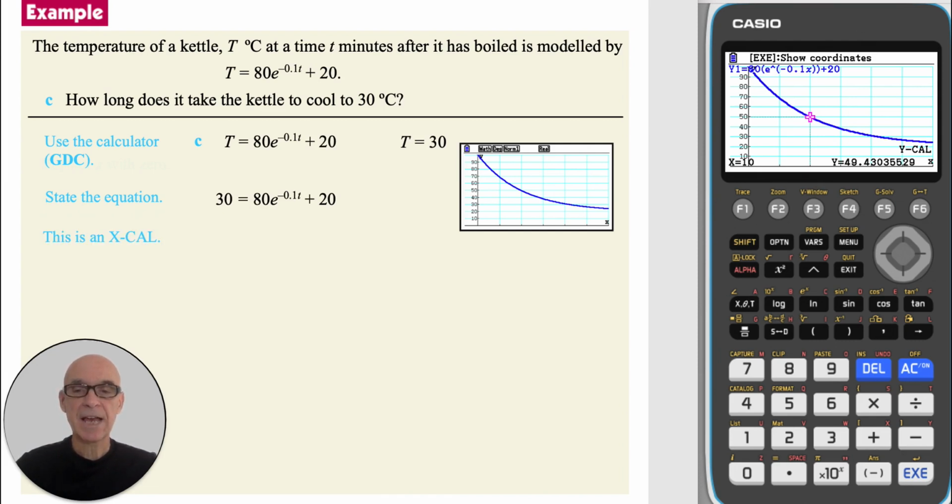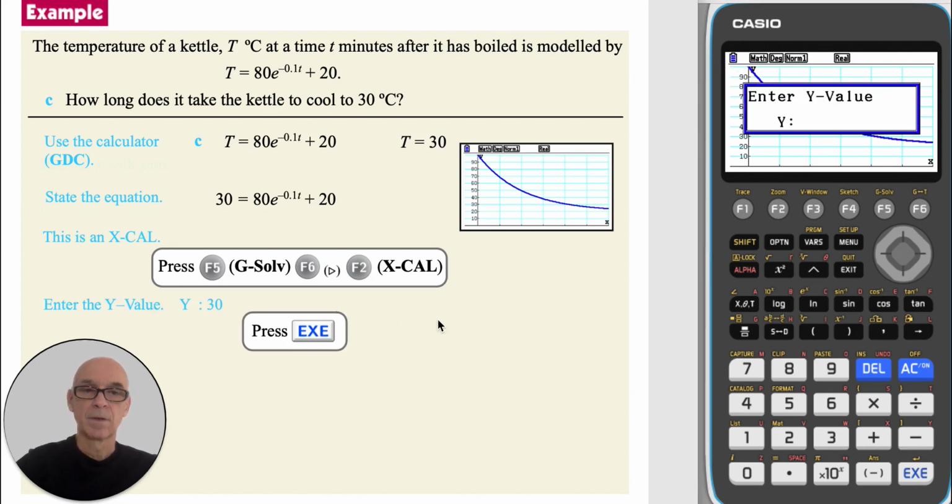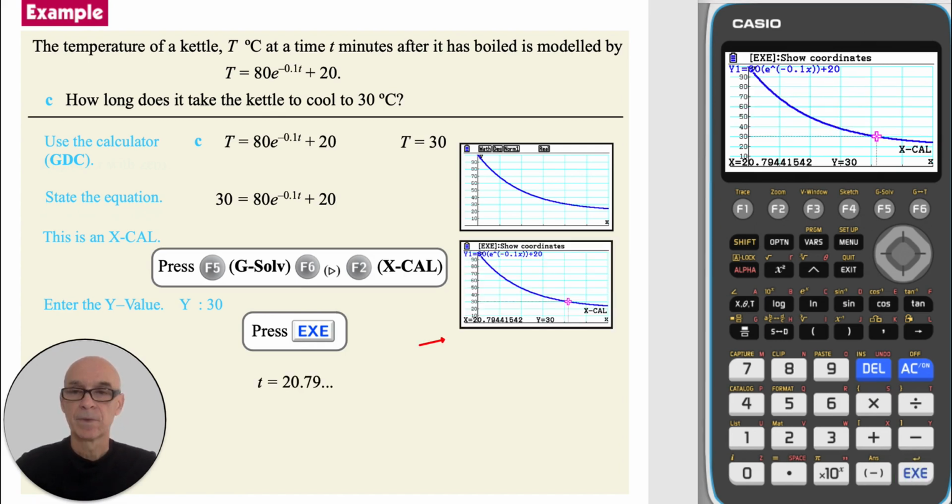This is an X calculation on the calculator, so press F5, G-solve, F6 to get to the second page of tabs, and F2 for an X calculation. Enter the value of Y, which is 30, and press execute. Write down the value of X, which represents time T in our case. So it takes 20.8 minutes for the kettle to cool to 30 degrees C.